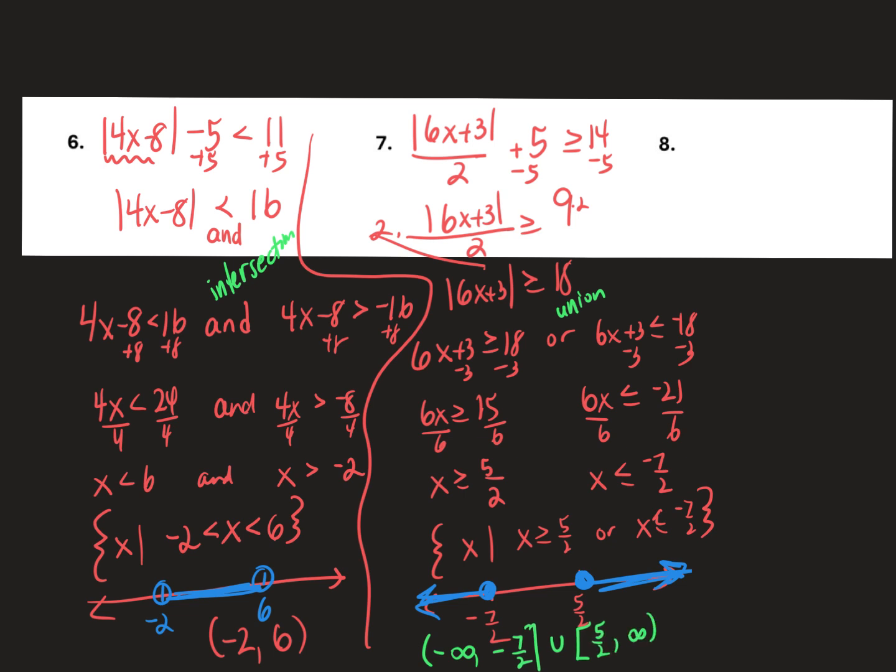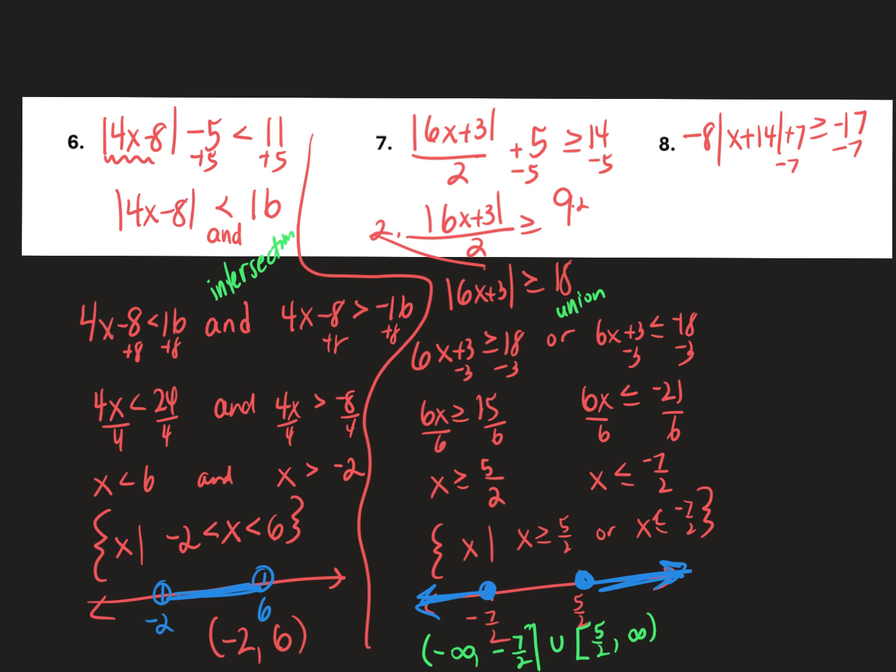And then my last example, number 8, I'm going to have negative 8 times the absolute value of x plus 14, plus 7, is greater than or equal to negative 17. I am going to subtract 7.